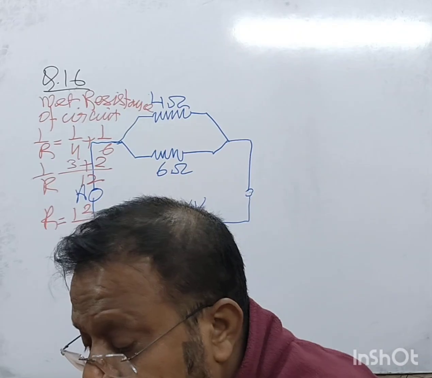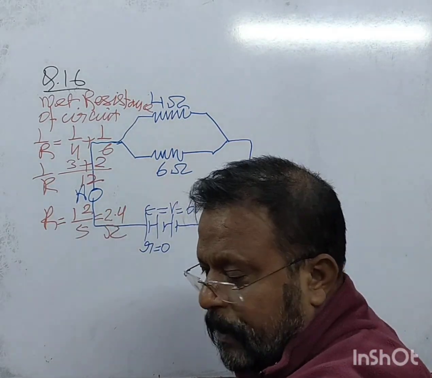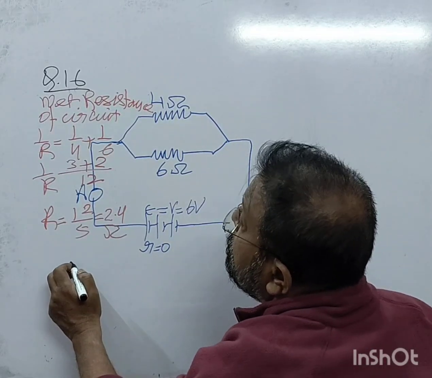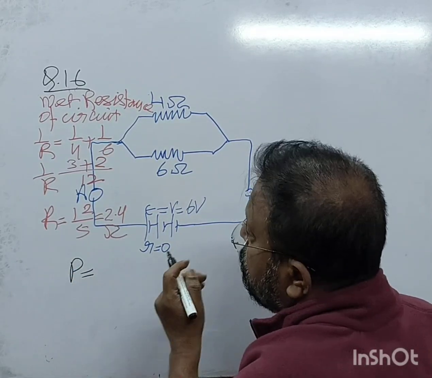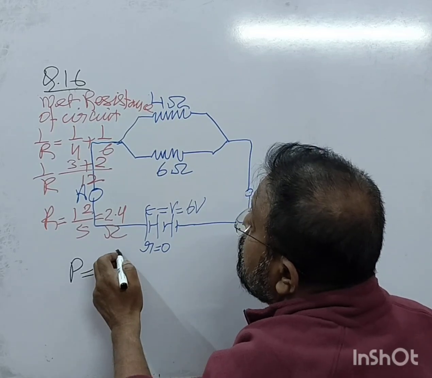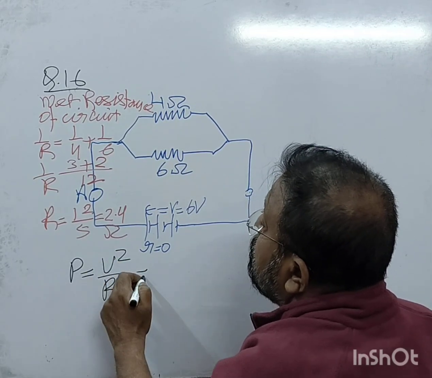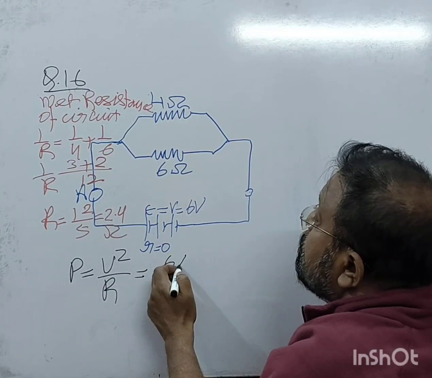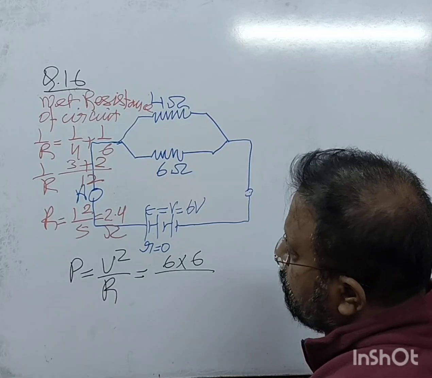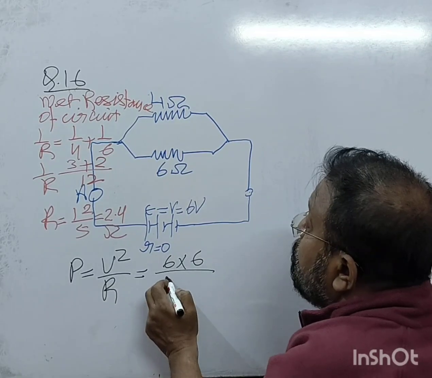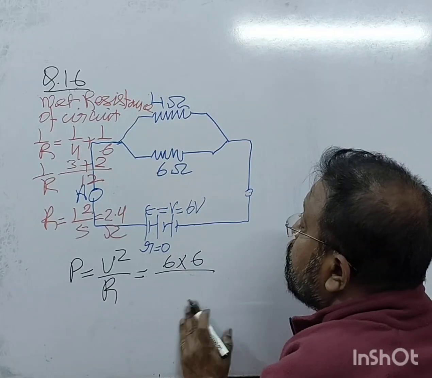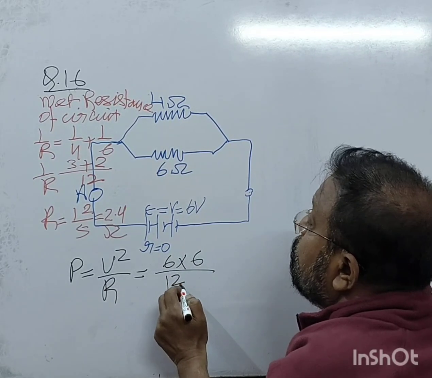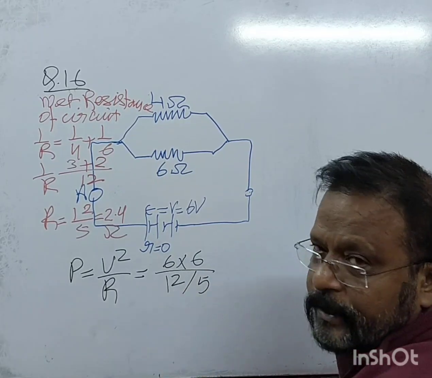Power supplied by the battery: P is equal to V square upon R, right? V is 6 into 6 upon 12 by 5, like this.